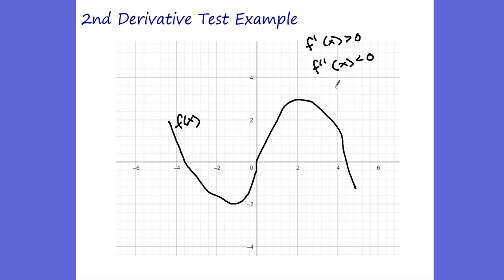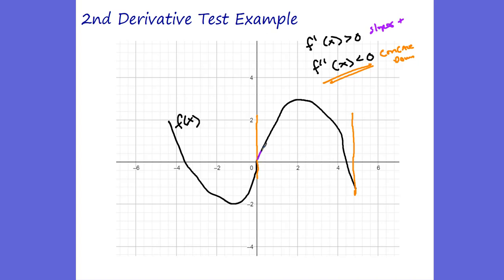Now, what section of the graph are we looking at here? Well, the second derivative test says it's less than 0. That means we are looking at concave down. The only section that is concave down is from here to here. You can see we are concave down in this entire stretch. What is the f prime of x telling us? It's telling us that the slopes are positive.